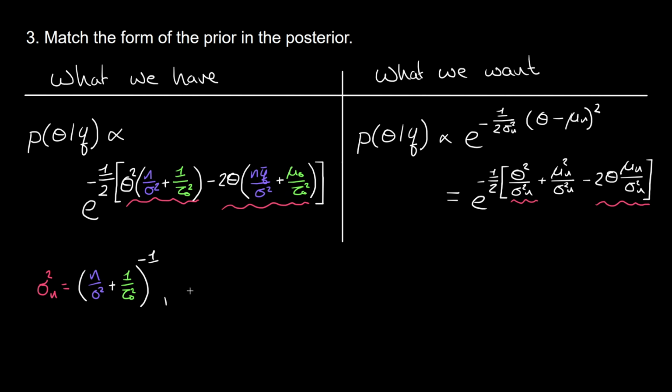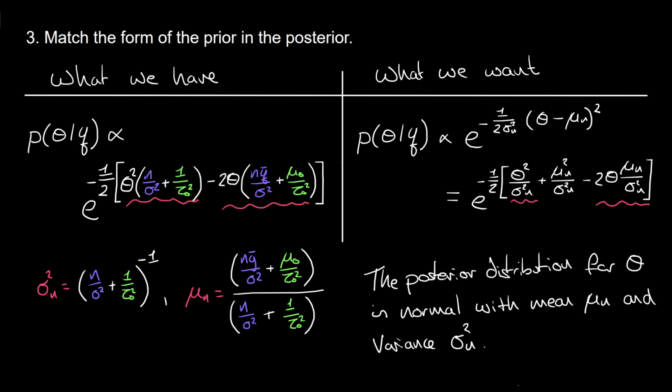The posterior mean must be equal to this value multiplied by the posterior variance. With these two terms, we now know how to write the posterior in the form of a normal distribution.